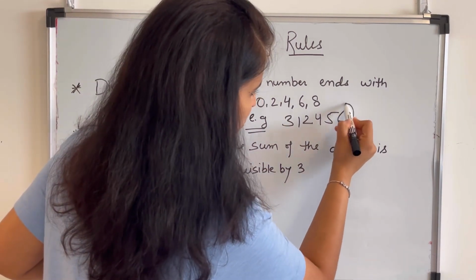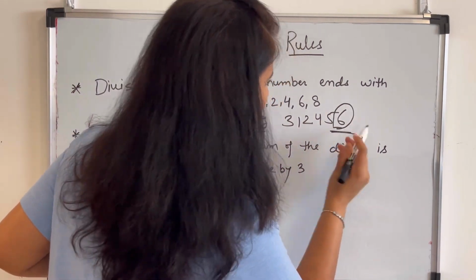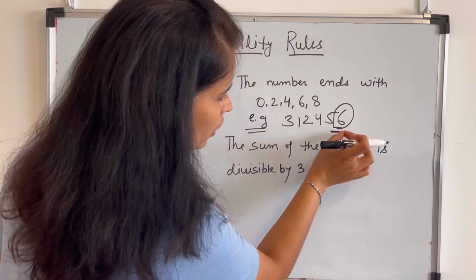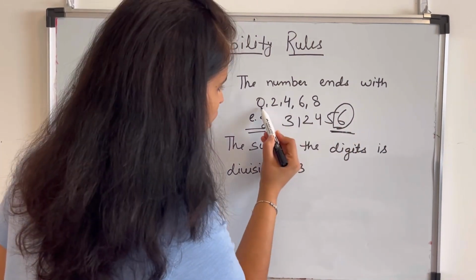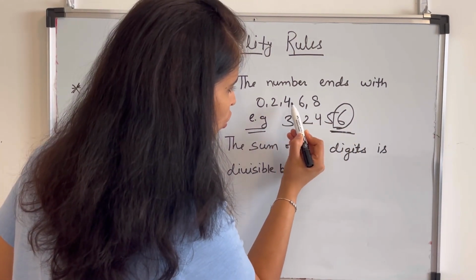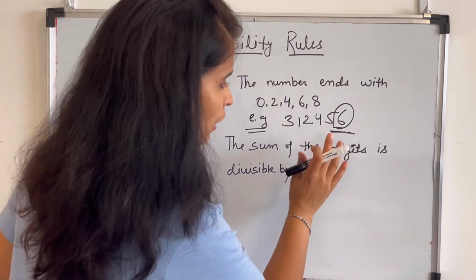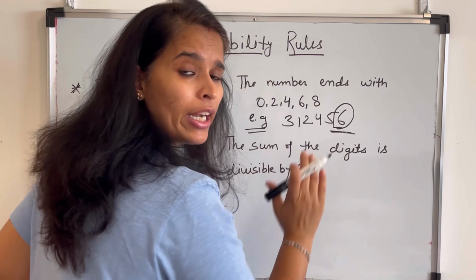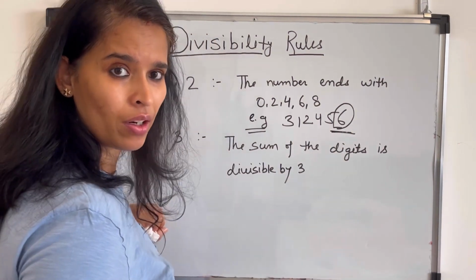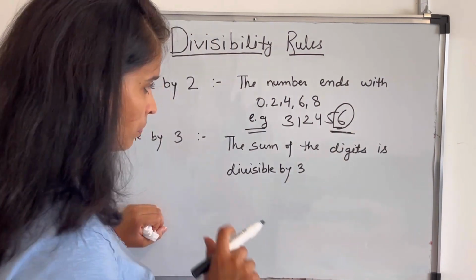We'll check this number, the ones digit, this number ends with 6. If it is 0, 4, 2, 6, 8, then it is divisible by 2. It means when we divide this number by 2, it will be completely divided. No remainder should be here.